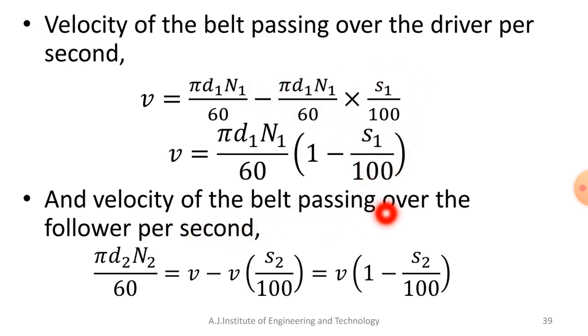Similarly for the belt passing over the follower, the velocity is pi d2 n2 divided by 60. This is the actual velocity minus v into S2 divided by 100, so that is given by v into (1 minus S2 divided by 100).